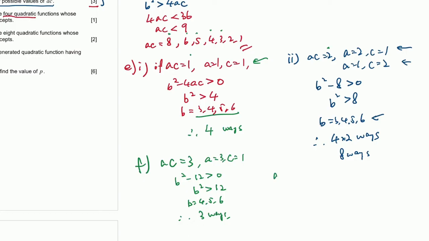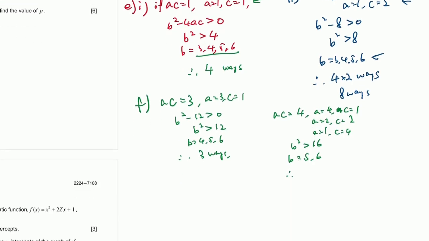If AC is 4, then A could be 4, C is 1, A is 2, C is 2, or A is 1, C is 4, but B squared needs to be bigger than 16, so B has to be 5 or 6, so there are 2 times 3 ways, so 6 ways.